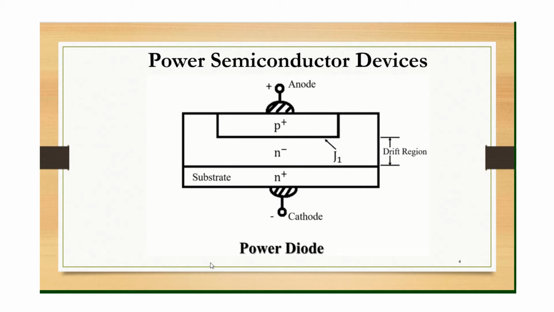The substrate is the one forming the cathode terminal, and P plus is the one forming your anode terminal.